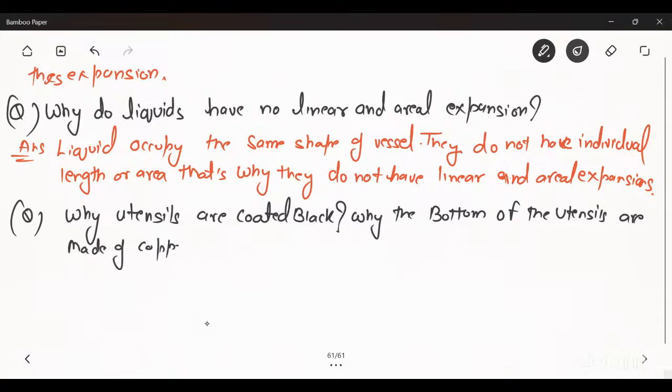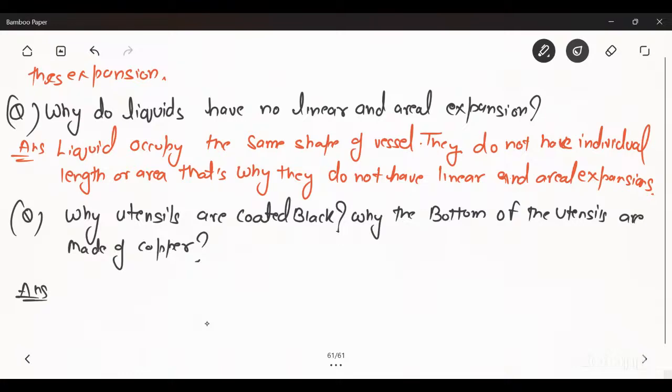First, why are utensils coated black? They are coated black because black is a good absorber of heat, and the bottom is made of copper because copper is a good conductor of heat. So copper is used at the bottom to absorb more and more heat.